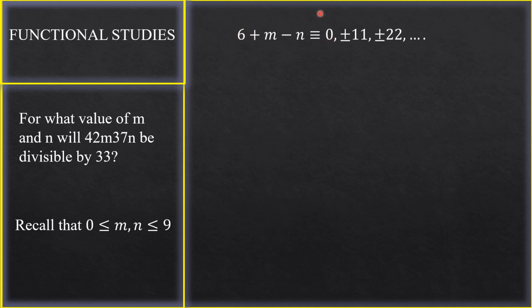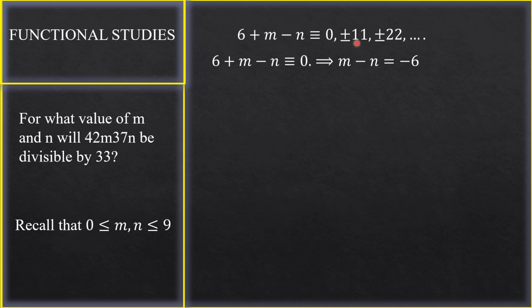So when this term crosses, it becomes negative 6 plus whatever we add from this group of numbers. I have negative 6 already, and the highest negative value is negative 9. So if I add 0 to it, it's a possibility. So the first possibility is that 6 plus m minus n can be 0, which means m minus n can be equal to negative 6.